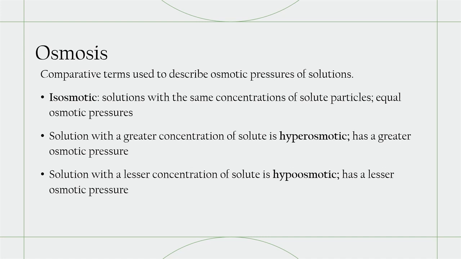You're in feng shui, the force is balanced. But when you have a higher concentration of the solute, you are hyperosmotic, as in you have a greater osmotic pressure. It's basically water is forced one way, out of the cell. When you have a lesser concentration of the solute, you're hypoosmotic, so you have less pressure forcing the water in. So what does that look like?